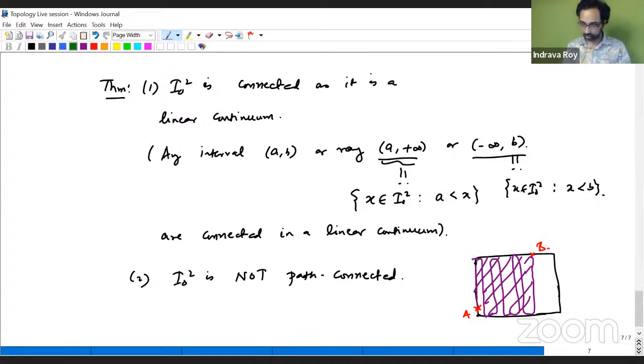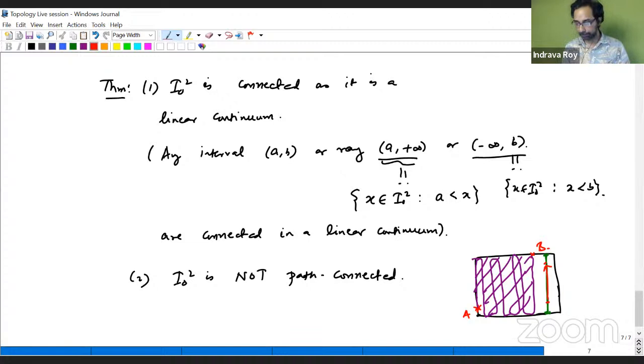The vertical lines like this, these are path connected. Of course, any 2 points can be connected by just a straight line like this, but these are the only possibilities. If you add any point other than this vertical line, then it will not be path connected.